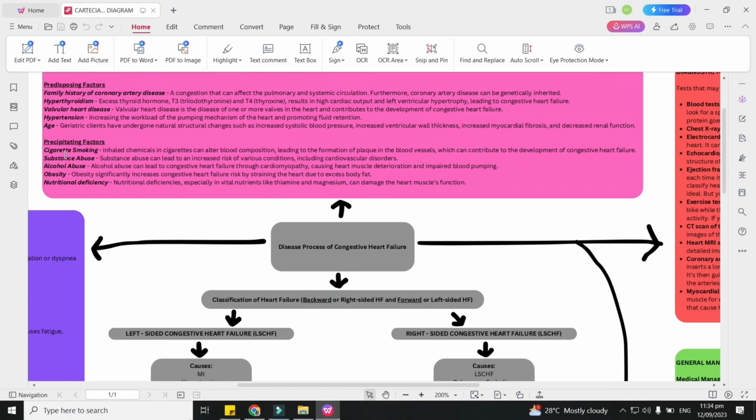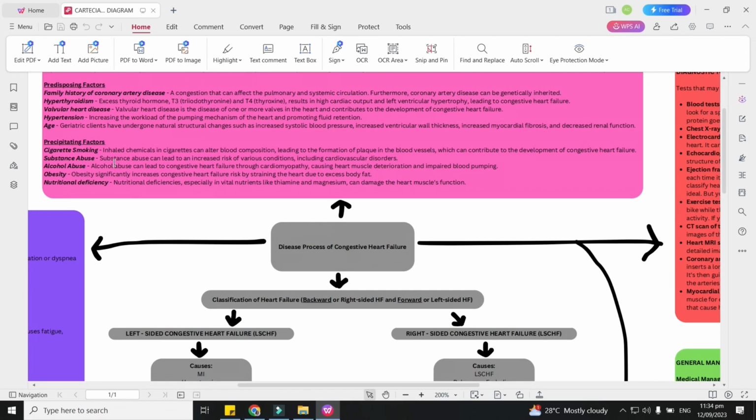So we all know that cigarette smoking, substance abuse, alcohol abuse, obesity, and nutritional deficiency do have an effect on our heart. These factors may seem small in a period of time, a small thing in our everyday living, but when we do this every day, in a matter of time it will pile up and pile up.